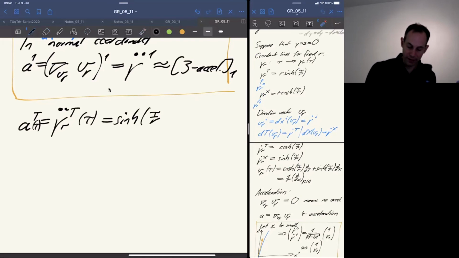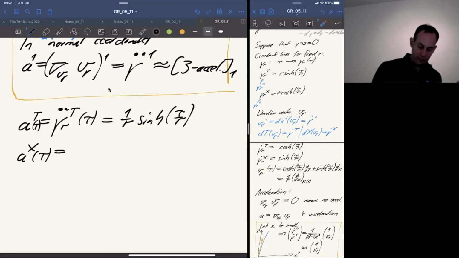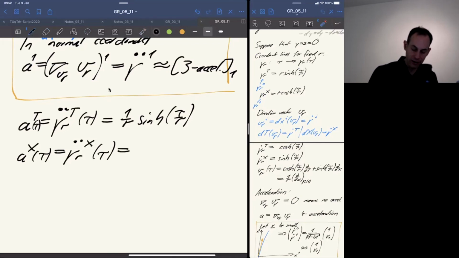There's a 1 over r that goes in front if I take this derivative. And the same for the x direction of the acceleration, which is maybe the one that is relevant for us, because we said the x direction corresponds to the one direction of the usual acceleration as we experience it. This will be 1 over r cosh of tau over r.